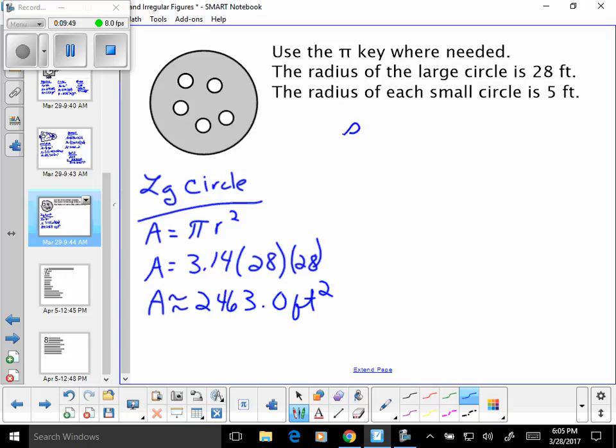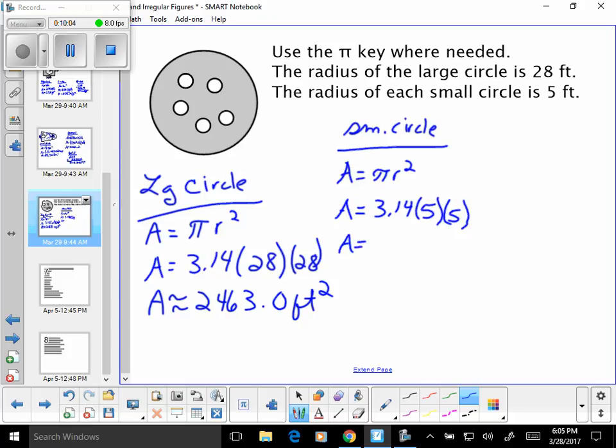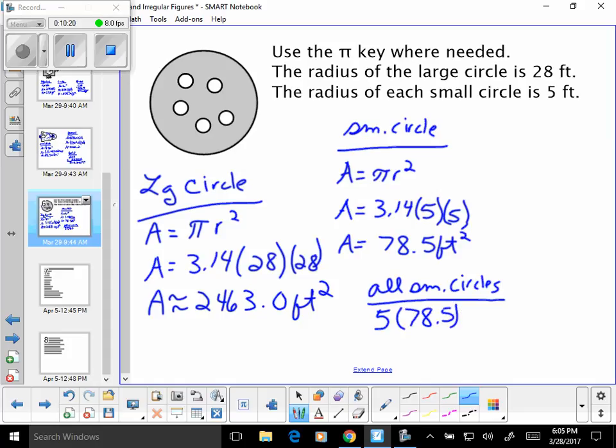Now, I've got the small circle. One small circle is pi r squared, 3.14, and they tell me that the radius is 5. When I put that into a calculator, I'm going to get 78.5 feet squared. There are 5 circles. So I'm going to take 5 times 78.5, and that's going to equal 392.5 feet squared.